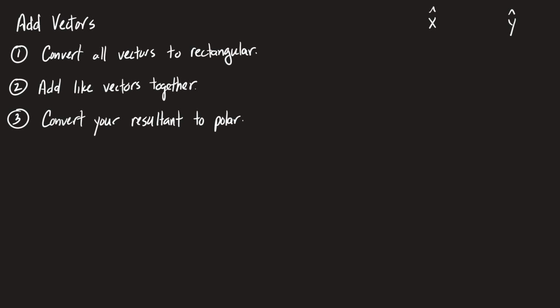And then on this side, I'm going to list out my vectors. So I have a vector for a plane, and I have a vector for the wind. The plane is 120, 30 degrees north of east. And the wind is 30 meters per second to the north.